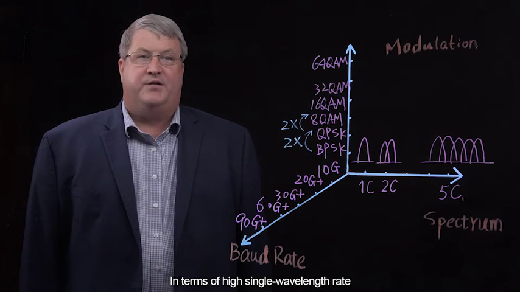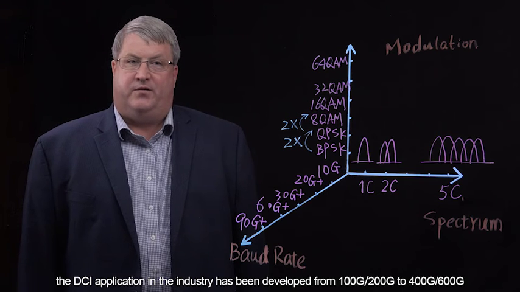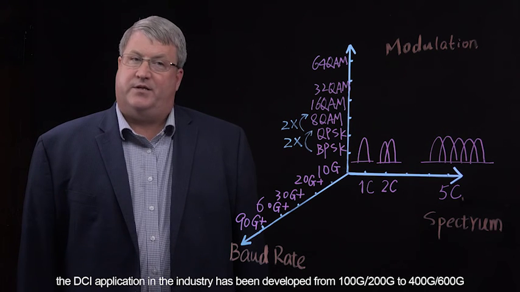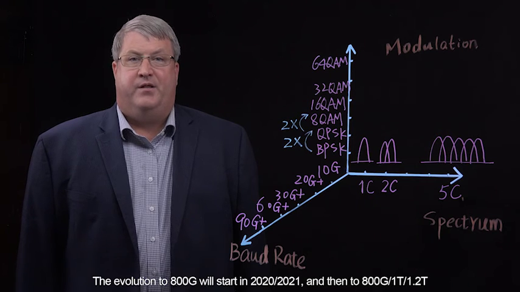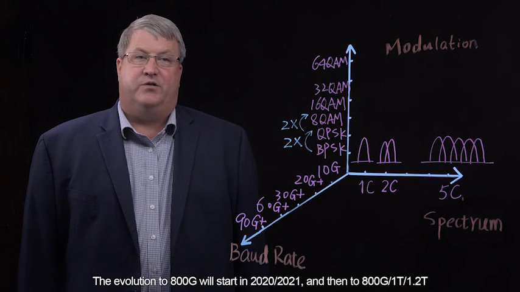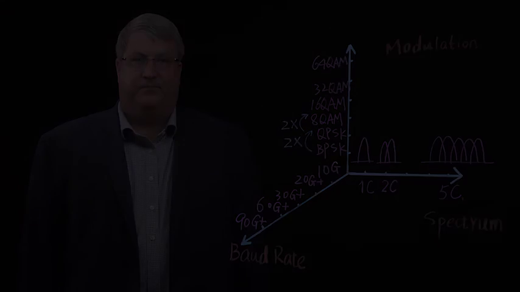In terms of high single wavelength rate, the DCI application in the industry has developed from 100G 200G to 400G 600G, and there are a few such application cases. The evolution to 800G will start in 2020-2021, and then to 800G, 1 terabit, and 1.2 terabit.